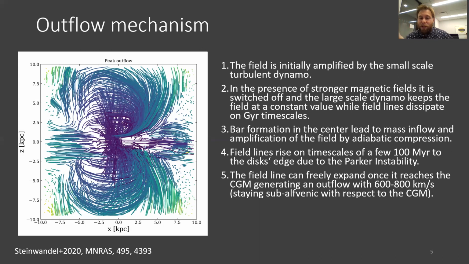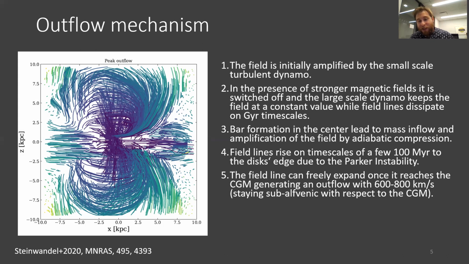And then what happens is you get an increase in magnetic pressure, which together with the pressure provided by the supernovae that deposit energy in the center, is leading to a rise of magnetic field lines. This is called the Parker instability.